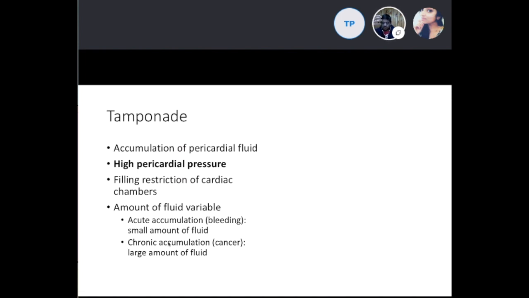Thus, large amounts are required before the pressure is high enough to restrict filling. So acute causes don't have enough time to expand like you would see in a chronic cause, and that's why acute causes restrict filling much quicker than, for example, a cancer patient. So that's something to keep in mind.